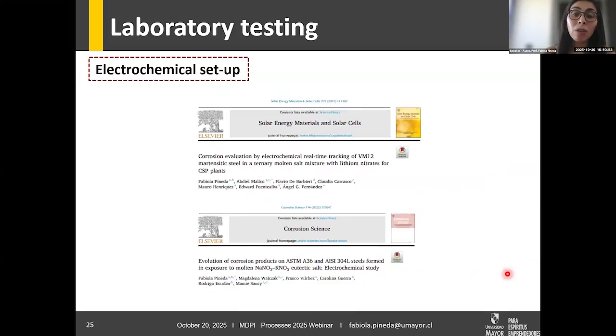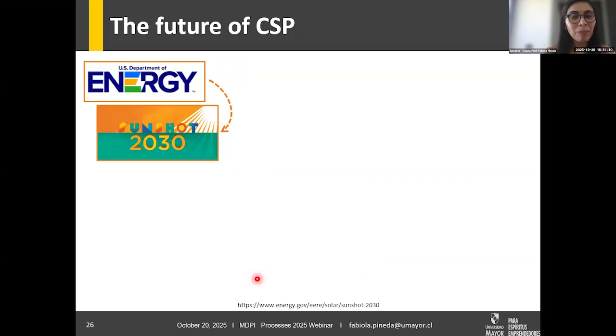But we have also carried out some electrochemical work. We have used electrochemical impedance spectroscopy to study some experimental alloys and experimental molten salt mixtures and some commercial alloys and commercial molten salt mixtures.